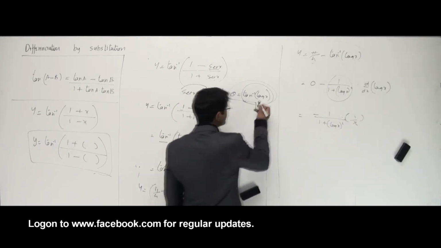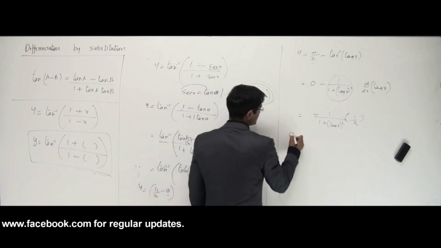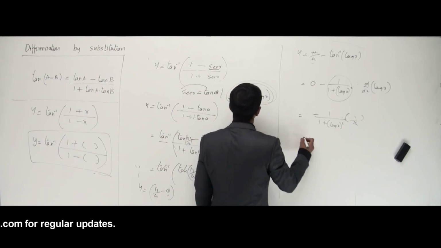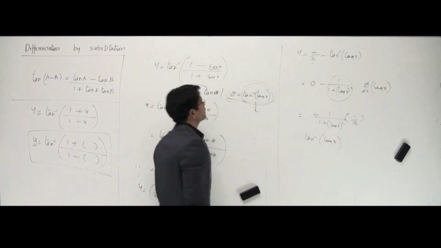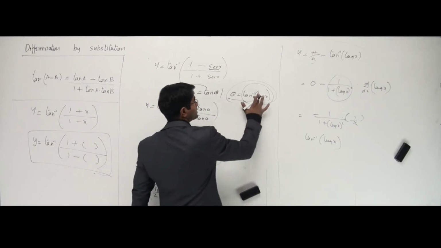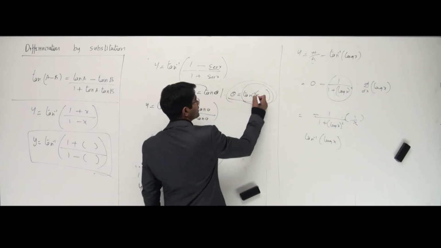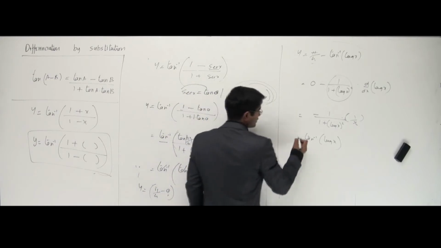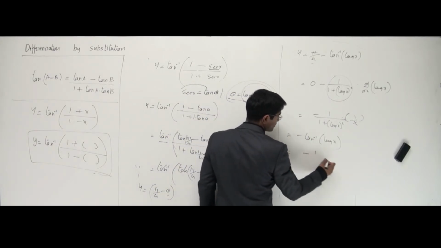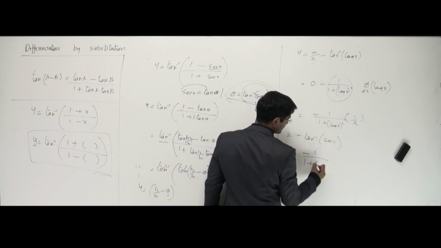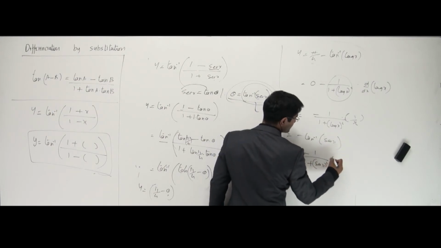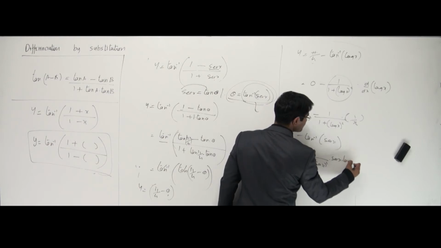I just differentiate tan inverse of secant x, because I took secant x, with a minus sign: minus 1 by 1 plus secant x the whole squared into secant x tan x, and that's it.